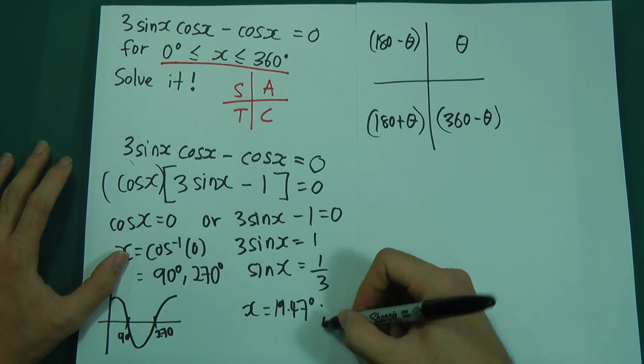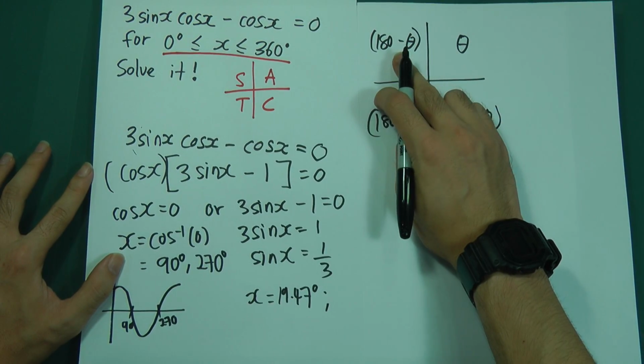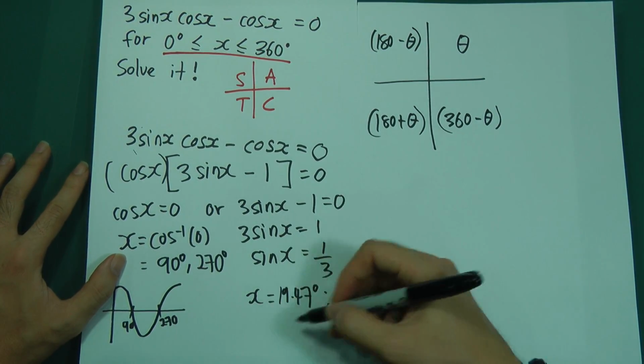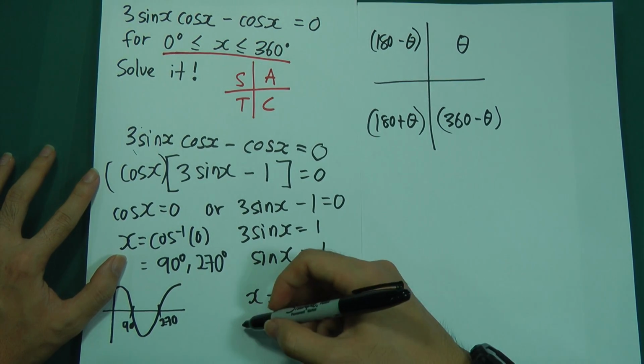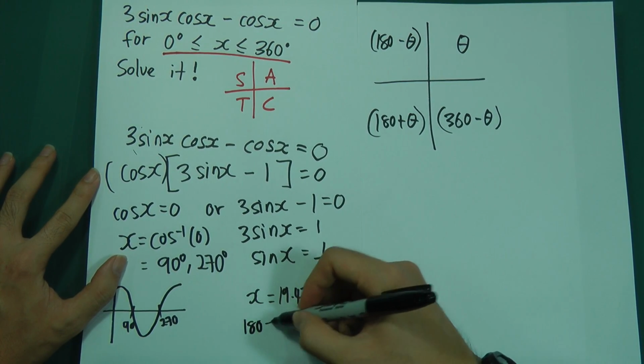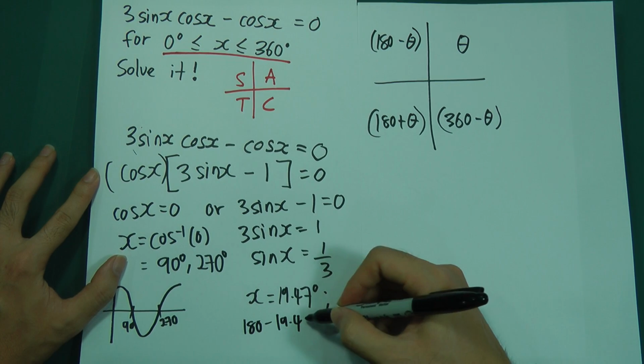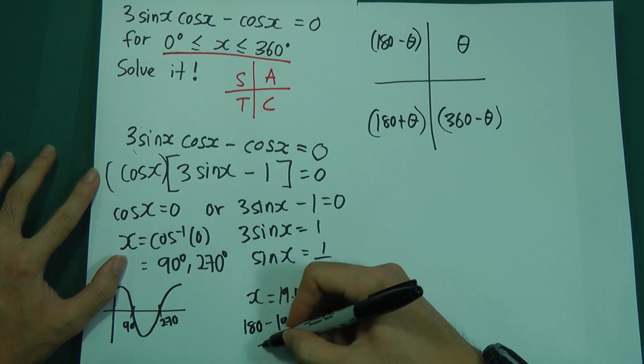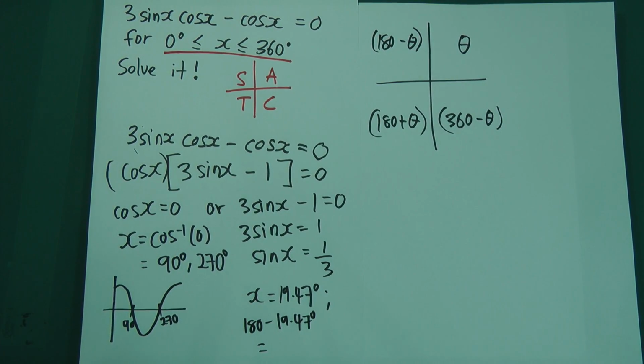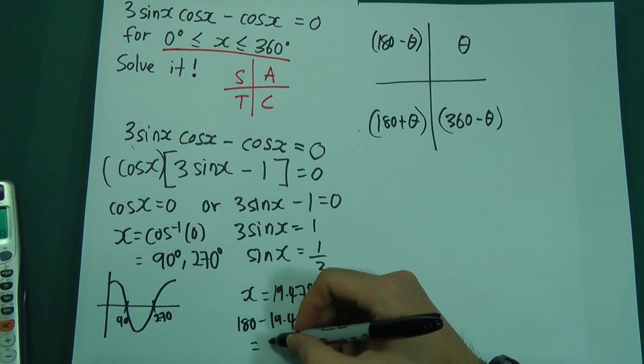The second answer is 180 minus the angle, so 180 minus 19.49. You just press the calculator and you will get 160.53.